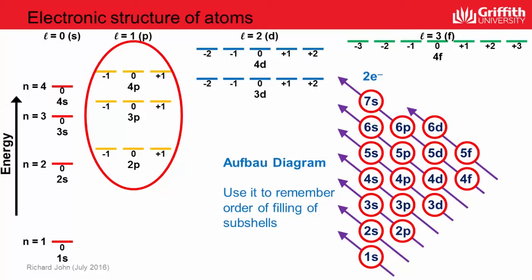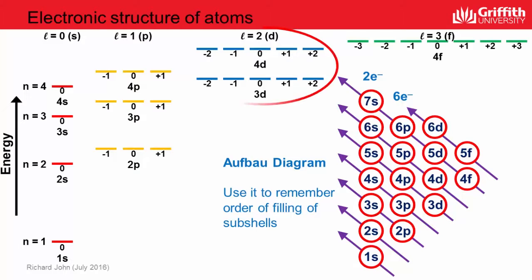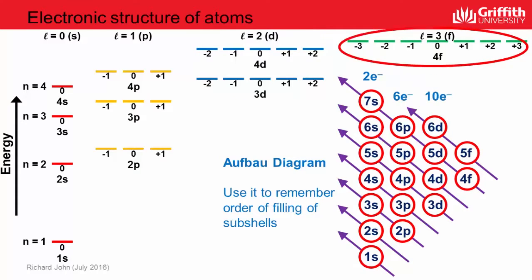Each one can accommodate 2, and so p subshells can accommodate 6 electrons. There are 5 orbitals in the d subshells, so they can accommodate a total of 10 electrons, and there are 7 orbitals in any of the f subshells, and they can accommodate a total of 14 electrons.